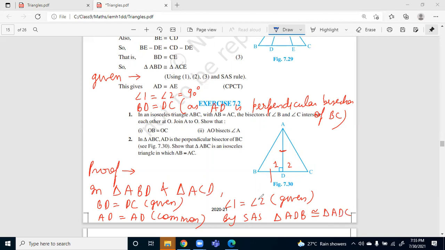Okay, now I can write AB is equal to AC by CPCT. So see, we have proved the triangle ADB and triangle ADC congruent with the help of the things which are given. Then by CPCT, we have written that AB is equal to AC.